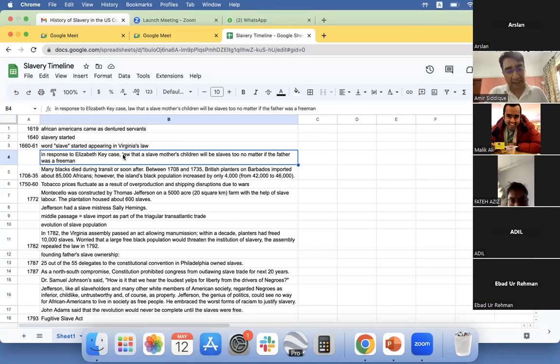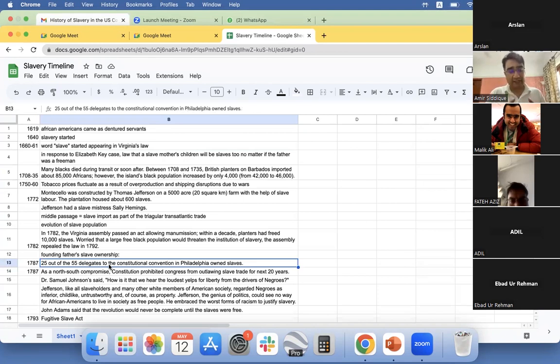There were 55 delegates, and 25 out of these 55 delegates, a significant proportion, owned slaves, including the first president, George Washington. He had 600 slaves, and he only freed them on his death, at the very end of his life.